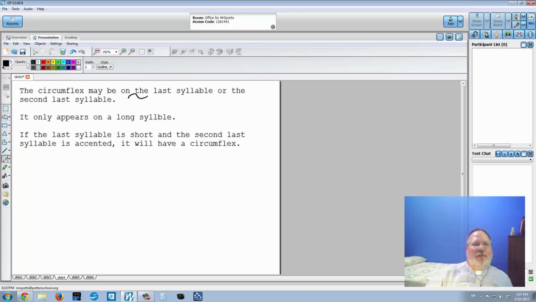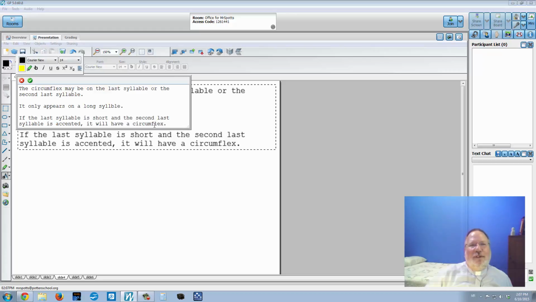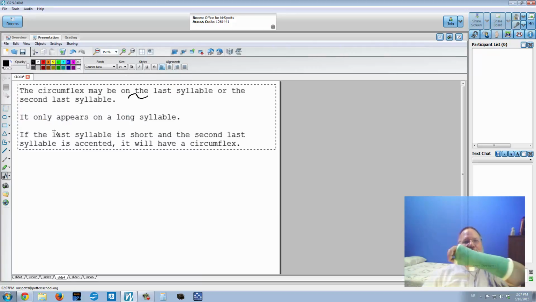Let's remember the circumflex and correct my terrible spelling. Shame on me. Let's spell syllable correctly. Okay. Maybe I can blame the broken wrist for the mistyping. I think that's actually the cause.